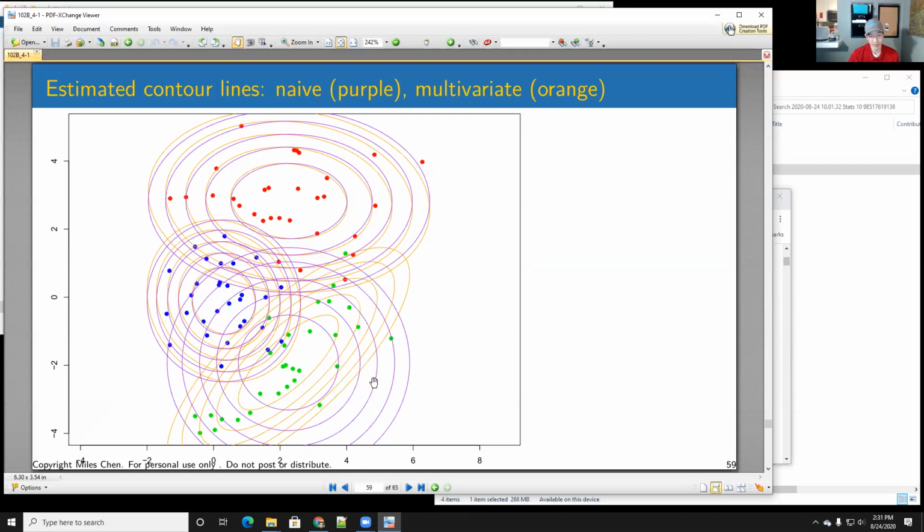And again, the naive Bayes classifier is not going to be as accurate as if you had good covariance estimates, but again, getting good covariance estimates on a high dimensional data set is actually really hard to do.